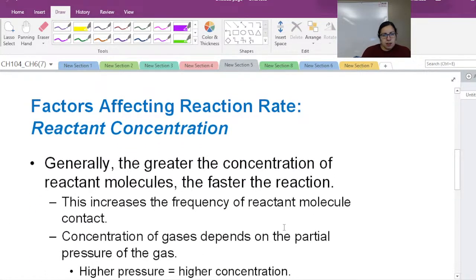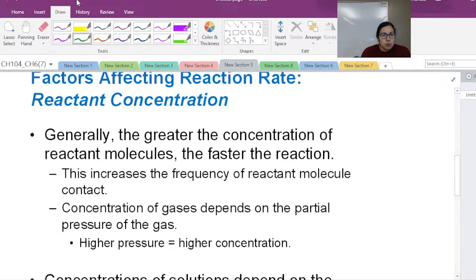And so these are just ways to affect reaction rate in general. The greater the concentration of reactant molecules, the faster the reaction. I think you'll play with this later, like how 3 molar reacts faster than 1 molar.